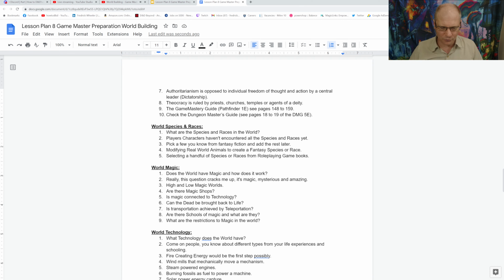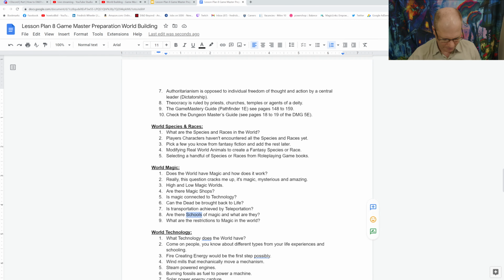High and low magic worlds. That's almost all that there is out there in terms of these guides. It doesn't matter whether it's Pathfinder or Dungeons and Dragons. They really don't go into a lot of detail. Are there magic shops? Is magic connected to technology? Can the dead be brought back to life? Is transportation achieved by teleportation? Are there schools? Are there types of magic? And what are they?